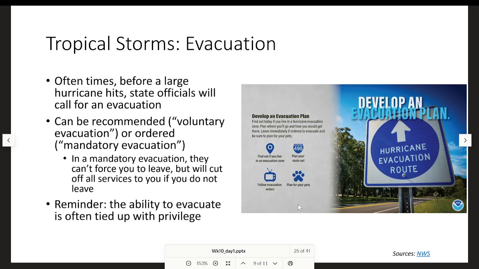Not good. Okay. Evacuation. Very good. Evacuation is good. Oftentimes, before a large hurricane hits, state officials will call for an evacuation. It can be a recommended voluntary evacuation or an ordered mandatory evacuation. In a mandatory evacuation, they can't force you to leave, but they will cut off all your services if you do not leave. Okay, so leave.